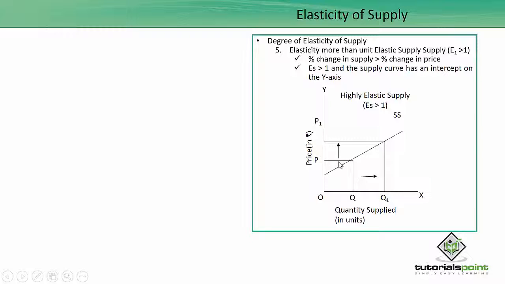The scenario is now reversed. The price would change from, let's say, 10 to 20, but the quantity supplied would change from 20 to, let's say, 40. So this is how more than unit elastic supply looks.